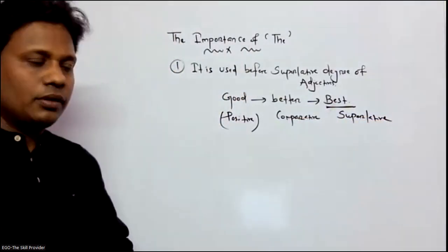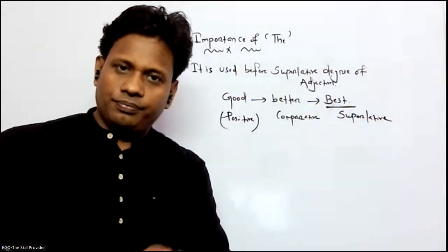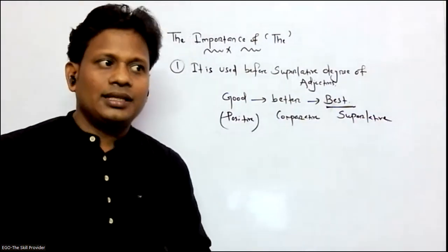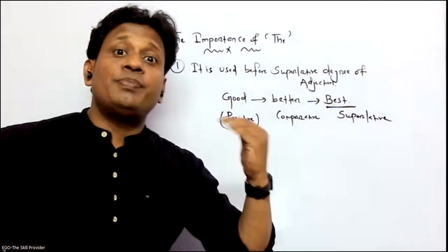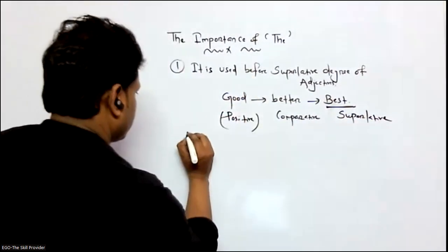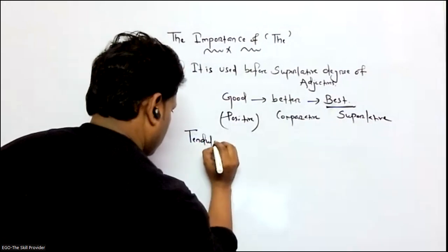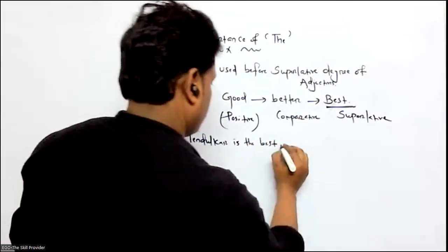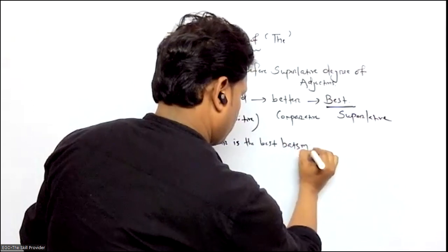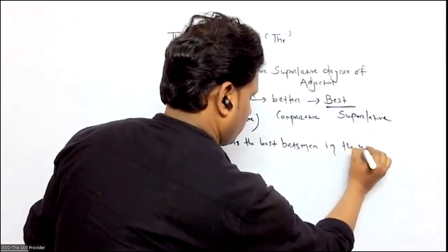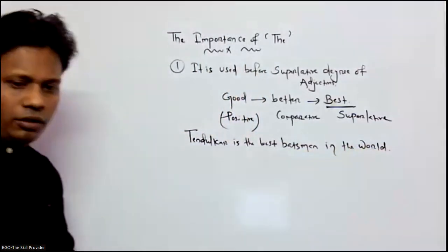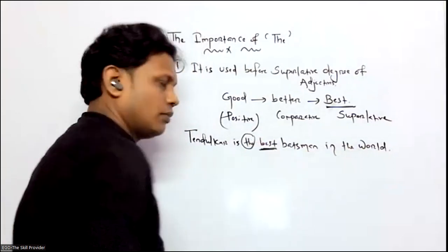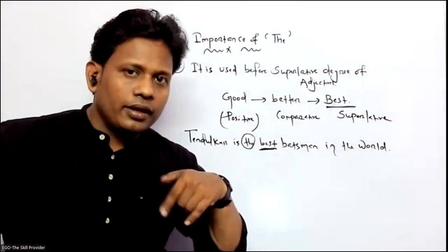Okay. And remember, with the superlative degree, the is compulsorily used. Example: Tendulkar is the best batsman in the world. Check it out. Tendulkar is the best. This is the worst day in my life.